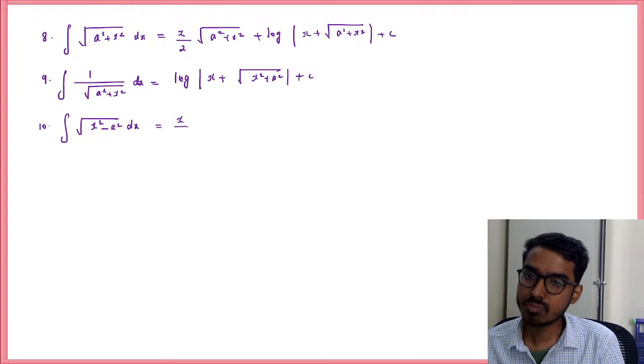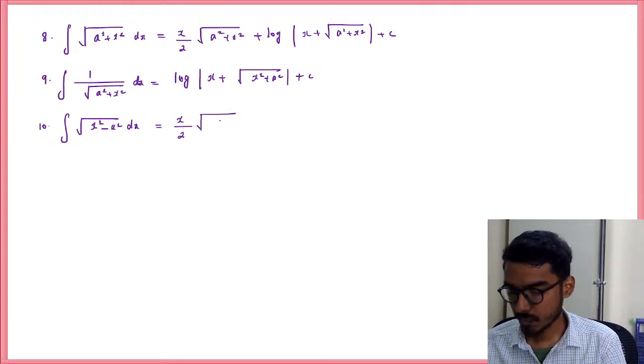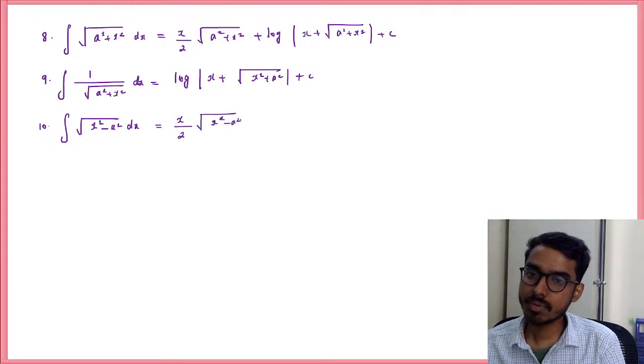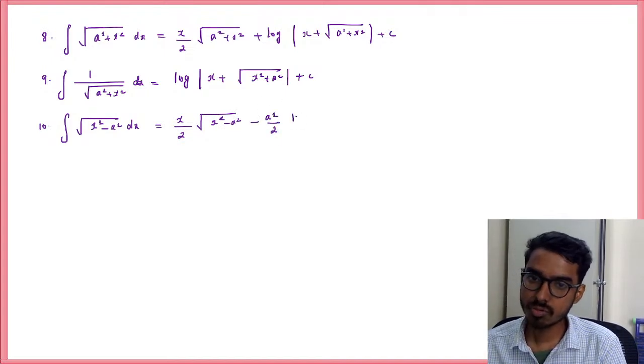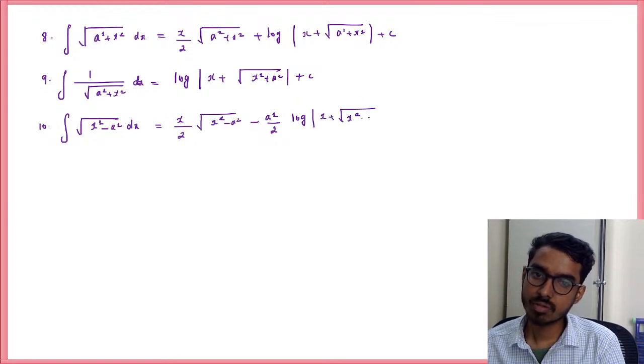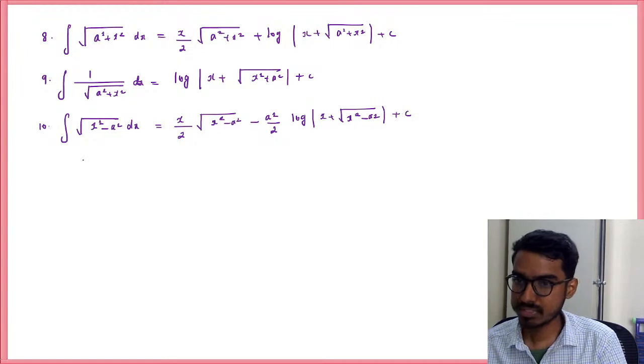So it will be x by 2 root of x square minus a square minus a square by 2 log mod x plus root of x square minus a square plus c.